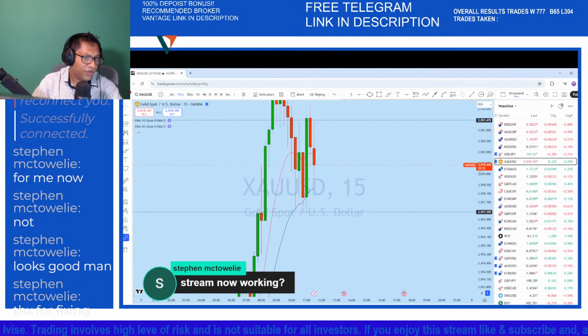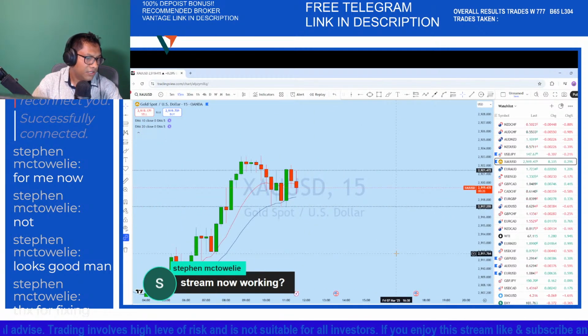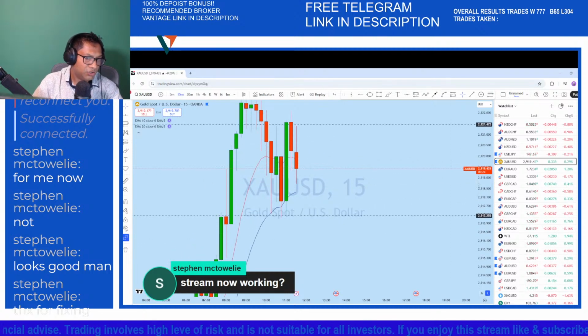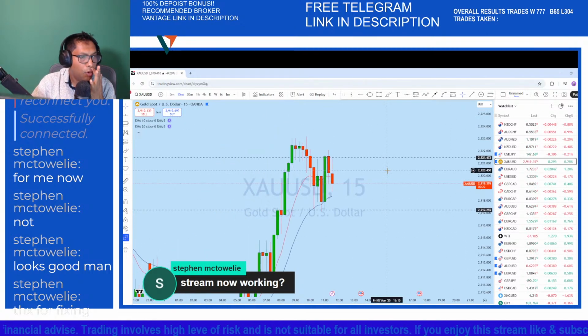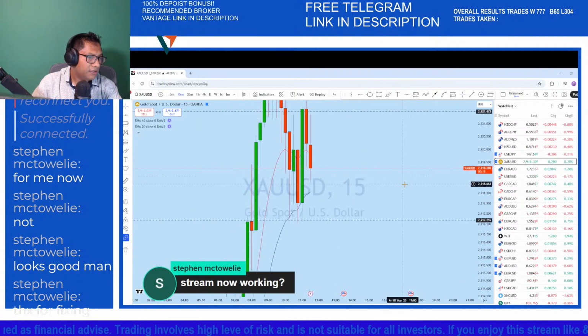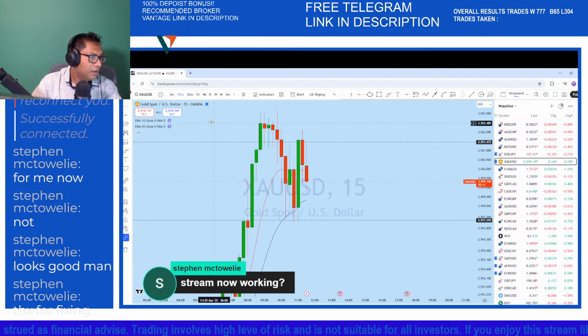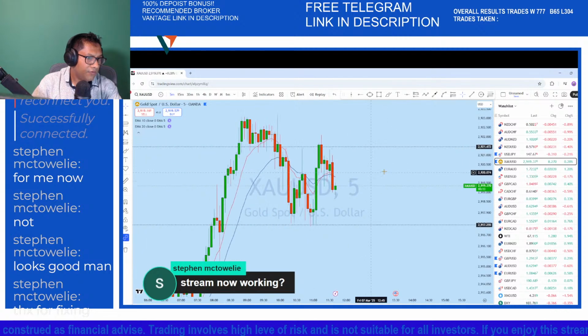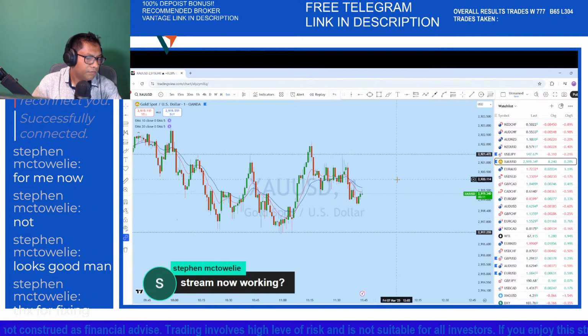Just looking at the multi-time frame to see if there is any probability for the price to have a move here. So looking at the 5 minute and the lower time frame, looking at the 1 minute chart.